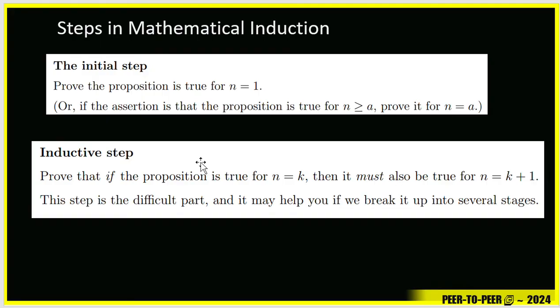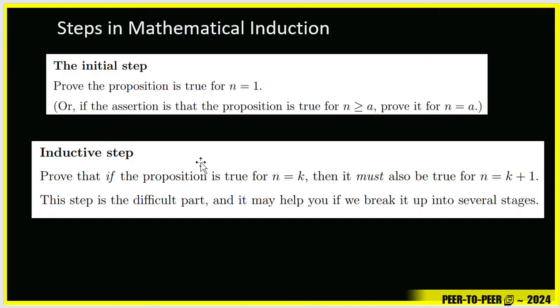This step is very difficult. It is a very difficult part. It may help for you to understand if I break it into several stages. So there are two steps. The first step is to prove that the proposition is true at the base level. At the base level, most of the time, n is equal to 1, or depending on how the proposition has been defined.